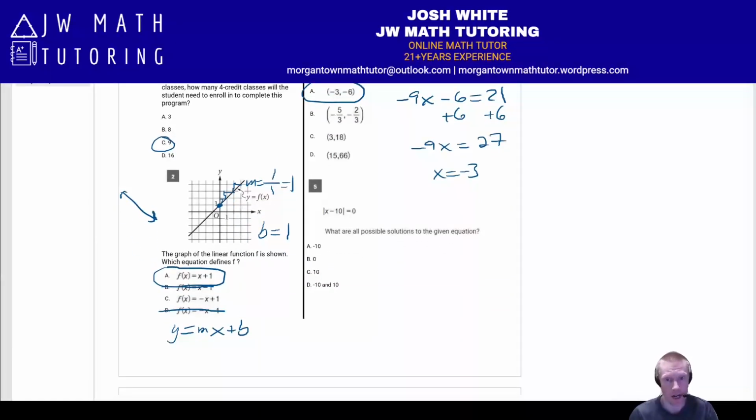All right, number 5. So this is an absolute value equation, and most absolute value equations have two solutions. However, this one is only going to have one, and the reason is when you set up the two equations, the first one is just the original problem minus the absolute value signs.